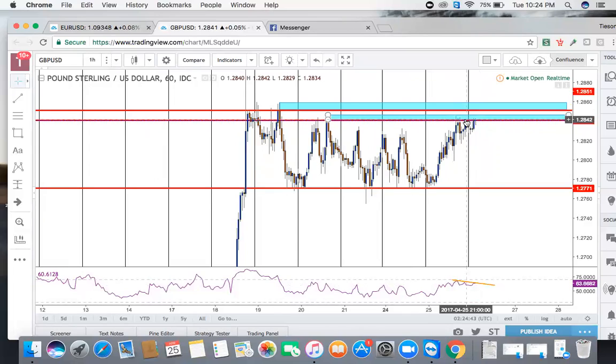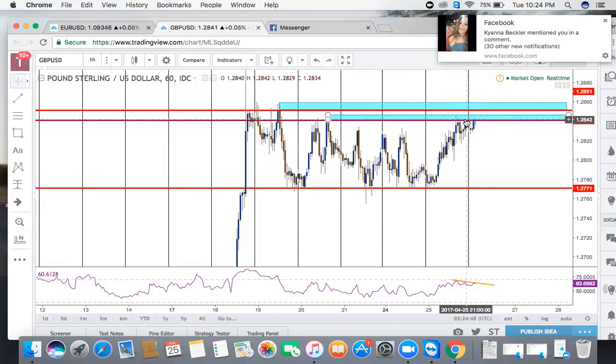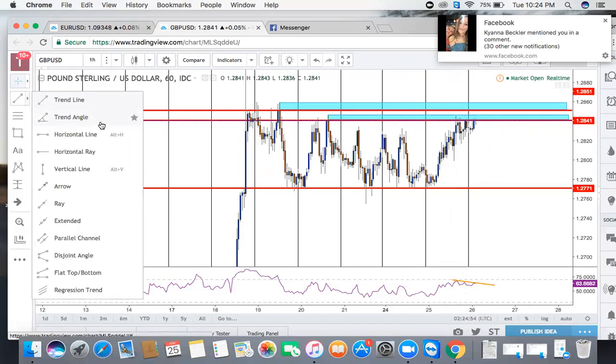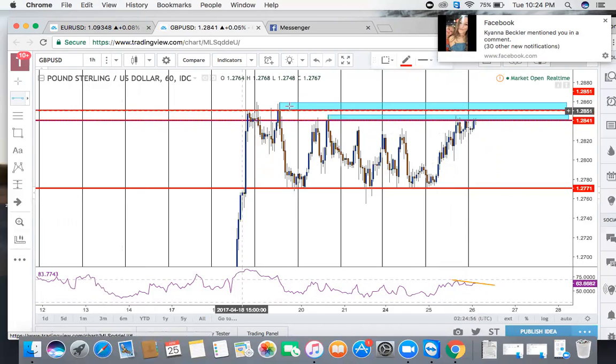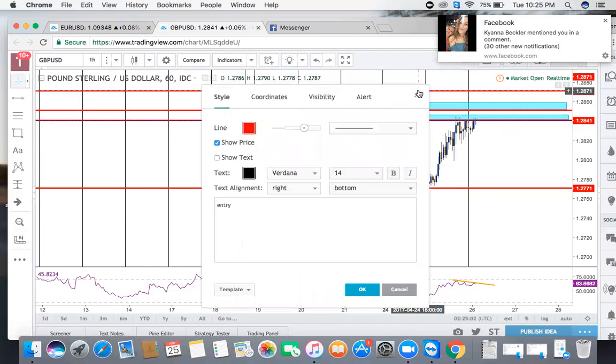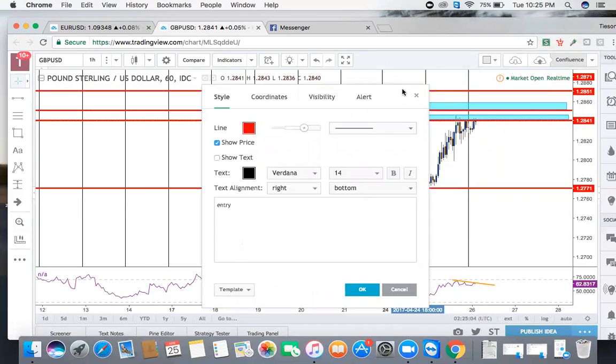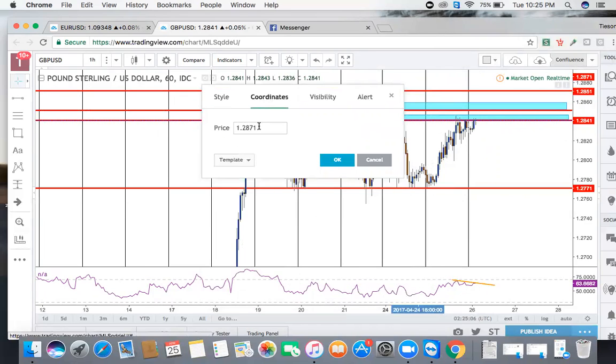Let me see what I set for our stop loss. Our stop loss is 28613.